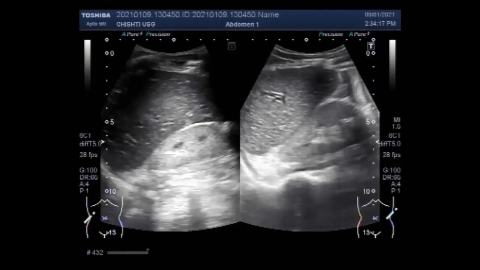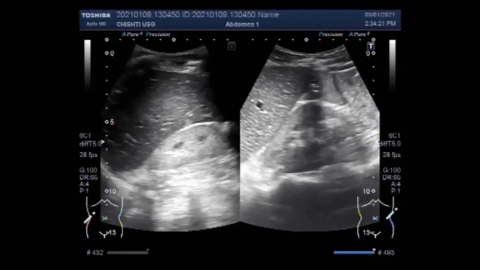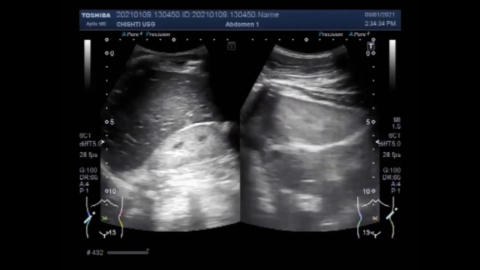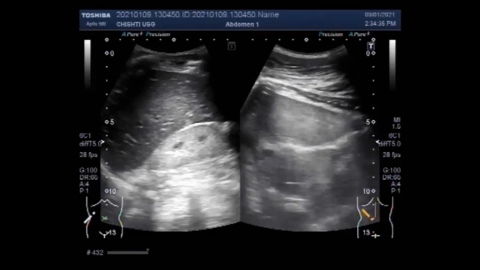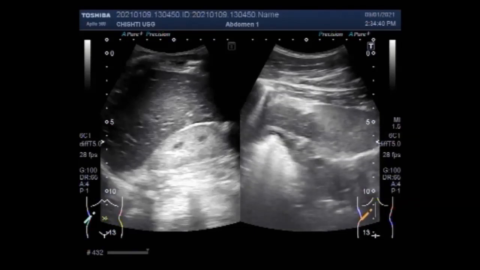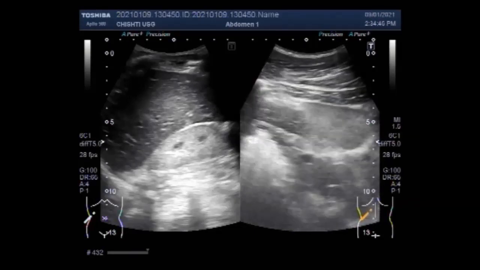Now you can see the left kidney, and this kidney also shows similar changes. Now again you can see the left kidney from behind, posterior side, with the patient in the prone position.